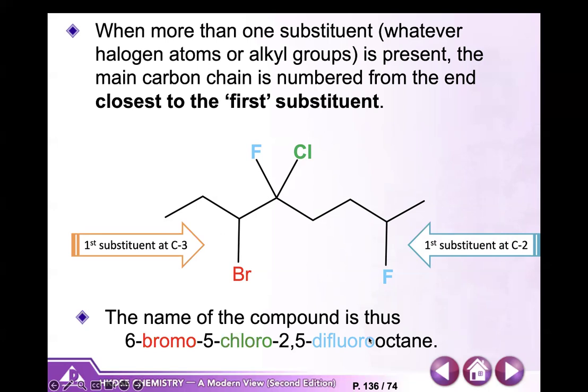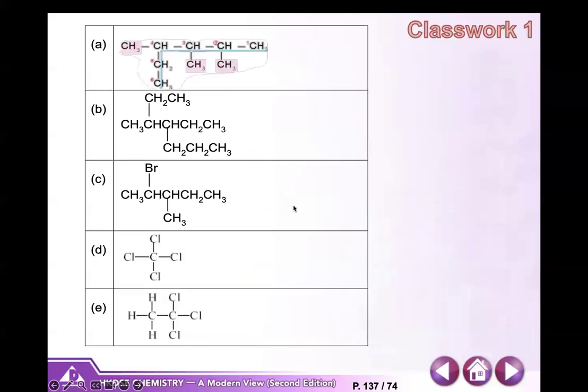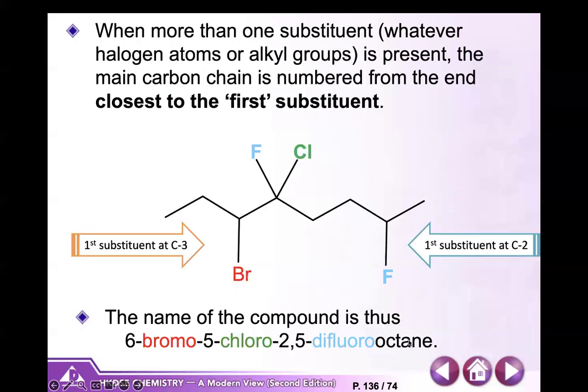So 2,5-difluoro. And then the parent or the root: 1, 2, 3, 4, 5, 6, 7, 8. So it should be octane, difluorooctane. While the next one would be 2,5-difluoro, and then at the fifth carbon also containing chloro, the sixth carbon containing bromo.